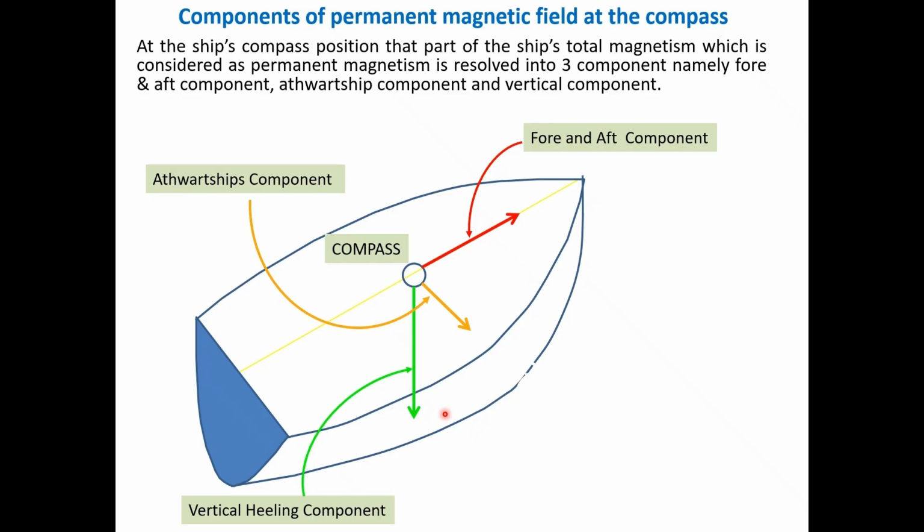When the ship is stable and not heeled or listed to any direction, then the ship's R force will not have any impact on the ship's magnetic compass, whereas the fore and aft component and athwart ship component will always have some impact on the ship's magnetic compass.